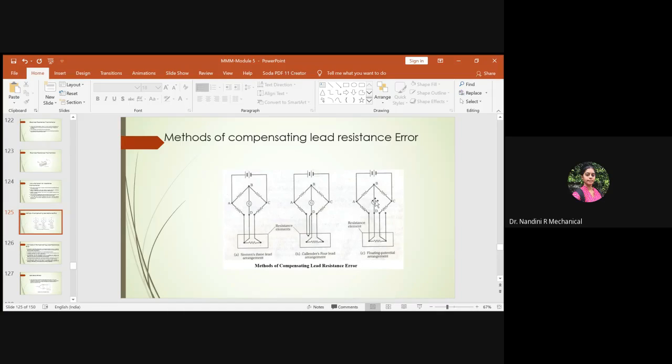Sometime or the other it fails. When it fails, you should suddenly identify the variation that is coming across. At that time, a fourth lead wire will be essential, which will be detected and sensed. And as a result, in those cases, you can use the floating potential arrangement.